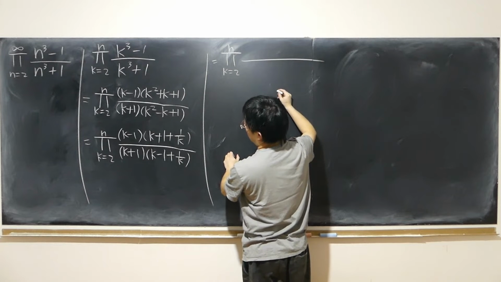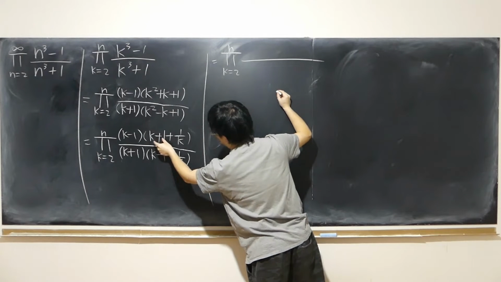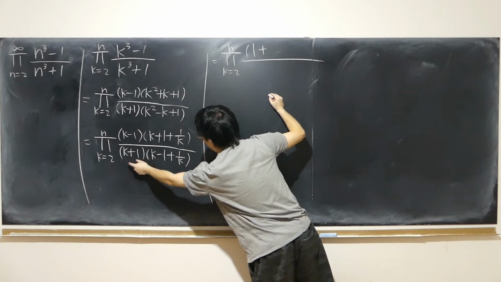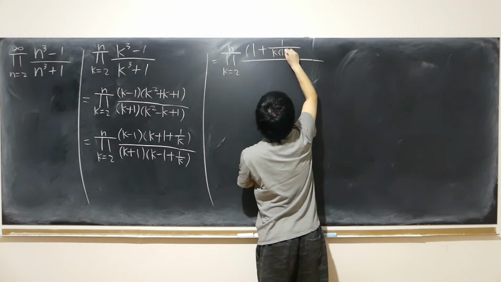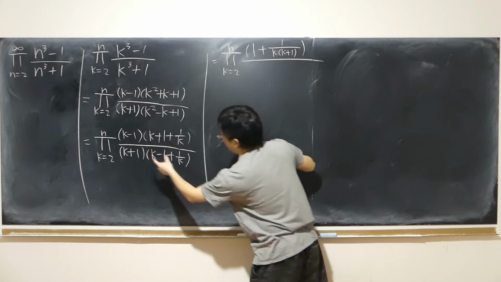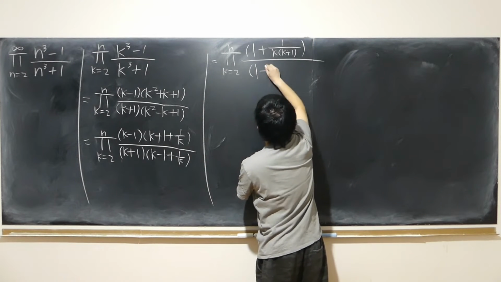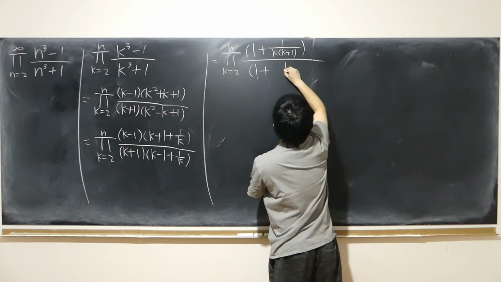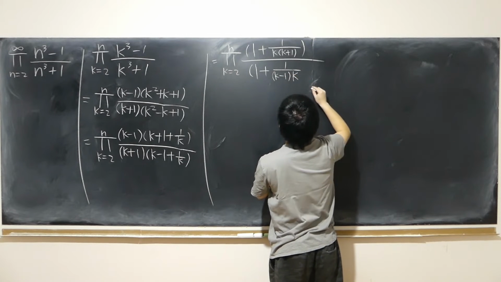So this factor becomes k plus 1 divided into k plus 1, we have 1, and k plus 1 divided into 1 over k gives 1 over k times k plus 1. At the bottom, dividing k minus 1 into k minus 1 we have 1, and dividing k minus 1 into 1 over k, we have 1 over k minus 1 times k.